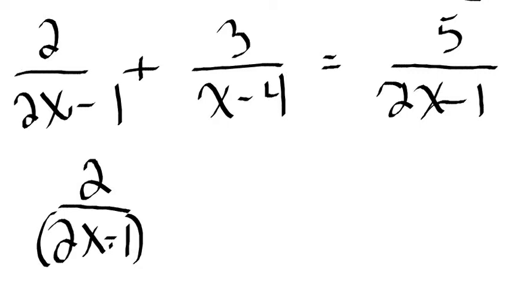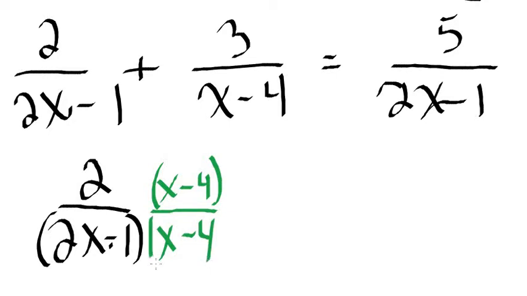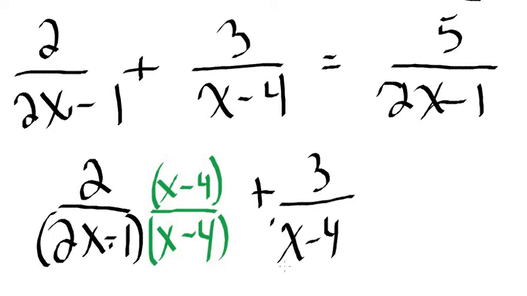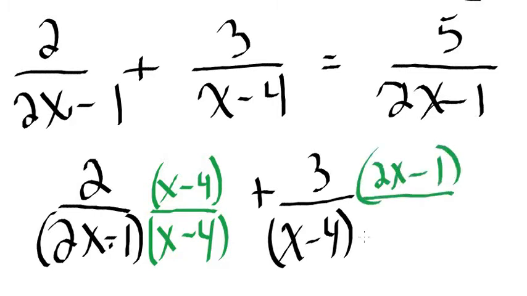We're going to have to multiply x minus 4 over x minus 4 here, and then plus 3 over x minus 4, put a parentheses around that. And we have that 2x minus 1, so we're going to have to write 2x minus 1 over 2x minus 1.